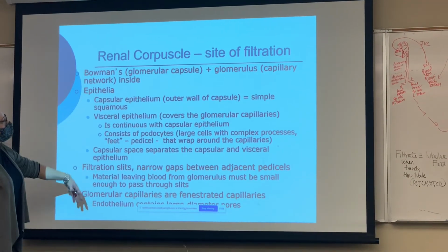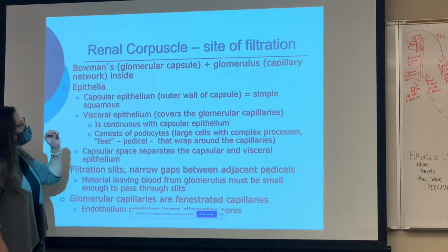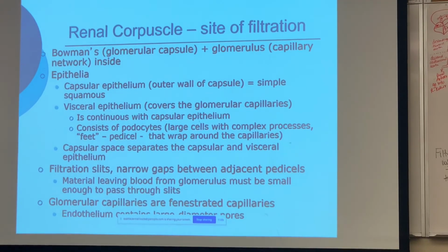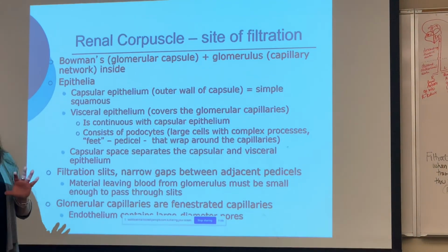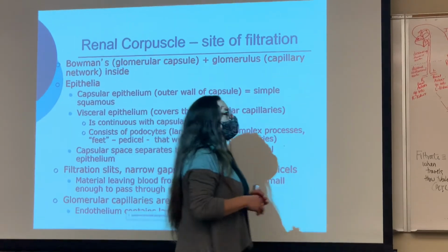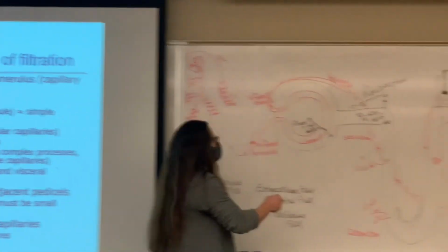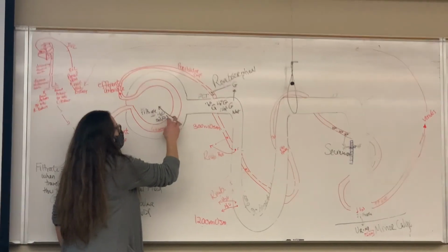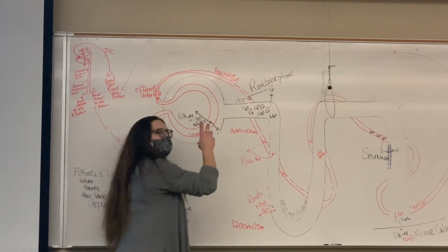What I want you to know about this stuff is that Bowman's capsule is, for the most part, simple squamous epithelia. Okay, there's a little bit more to it than that, but what I want you to have a sense of is that the cells here are really small, single layer of cells.